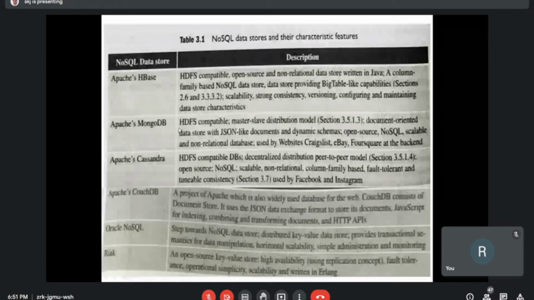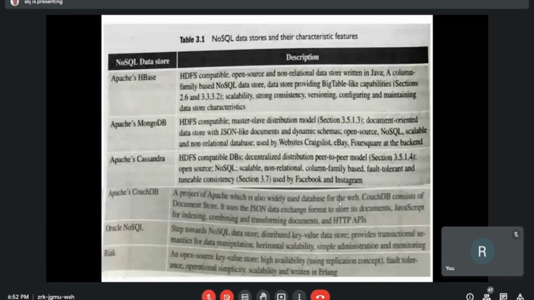So next is Apache Cassandra, HDFS compatible, decentralized distribution, peer-to-peer model, open source, NoSQL, scalable, non-relational, column family based, fault tolerant, and tunable consistency, used by Facebook and Instagram. They are social networking sites.